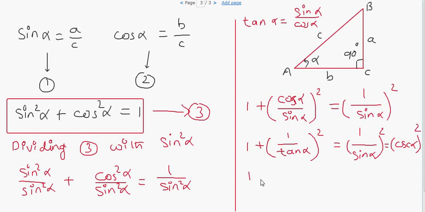One plus 1 over tan alpha is cotangent alpha, also known as cot alpha, squared, which is equal to cosecant squared alpha. Now we have another identity in terms of cot and cosecant.